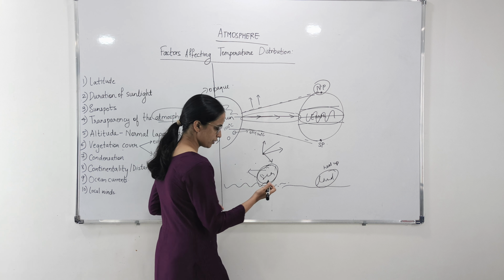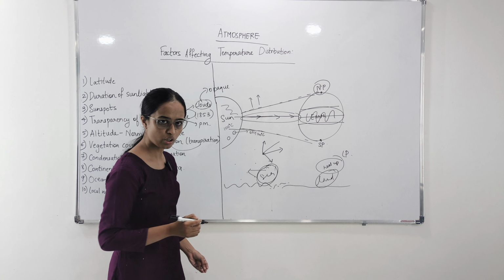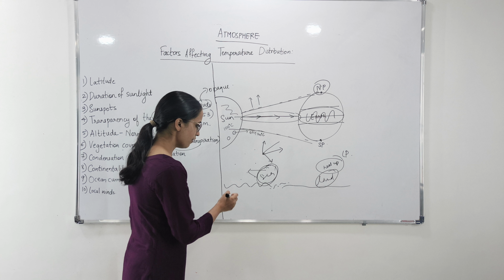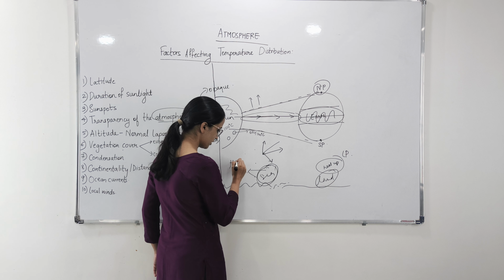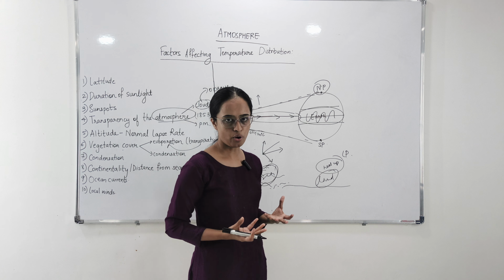So now low pressure conditions are created over the land because it has been heated up, whereas over the sea there are high pressure conditions and the winds across the sea are not as warm.